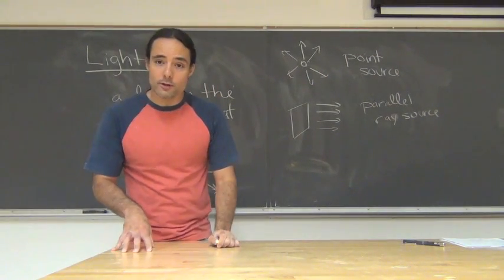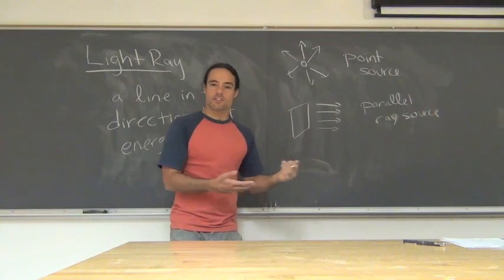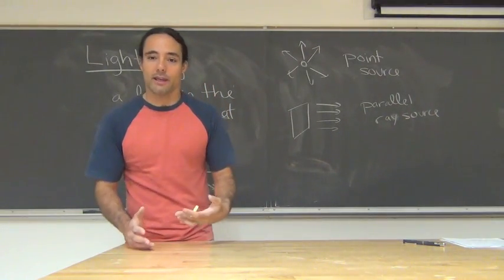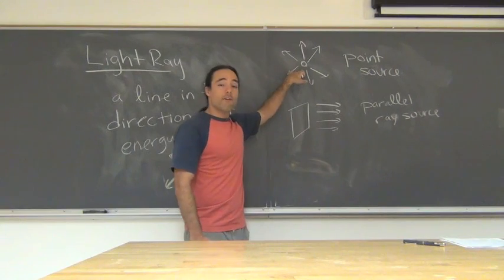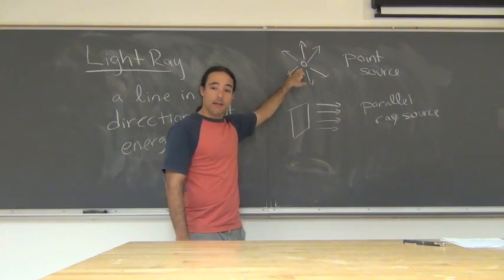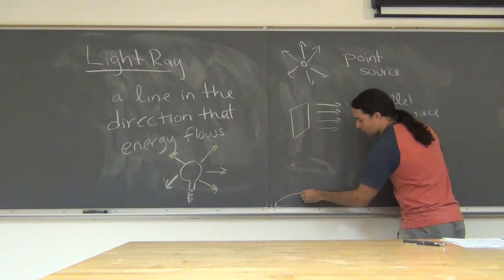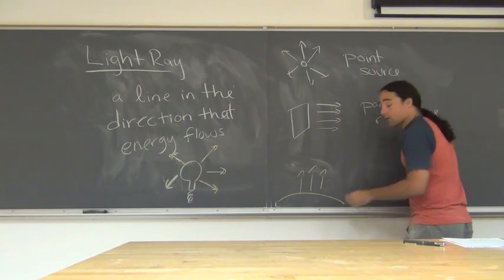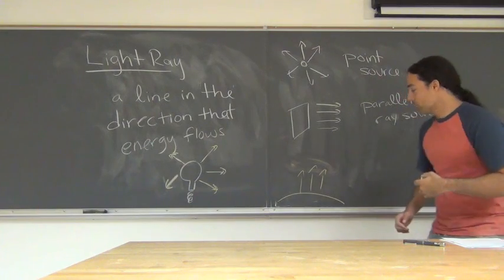Now, it's important to note that these definitions of sources depend a little bit on how exactly I'm looking at the object. So for example, a very, very far away star may look like a point source, but if I'm on the surface of the star, that surface is going to look pretty flat in the same way that the Earth looks flat if you look at it up close.